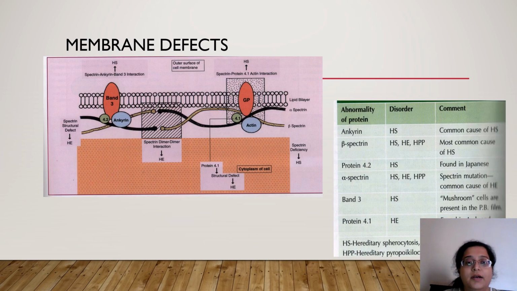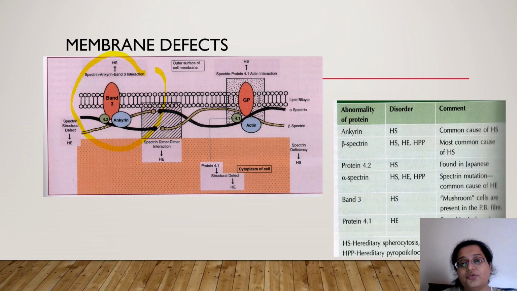In this another lecture, this image that I have kept here is just to show you the architecture of the RBC membrane, the proteins present, which in membrane defects are somewhere defective and lead to anemia. All right. So Band 3 and Ankyrin, protein 4.2, you should know these proteins.